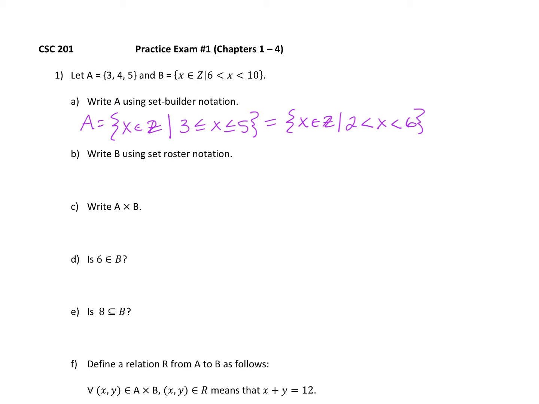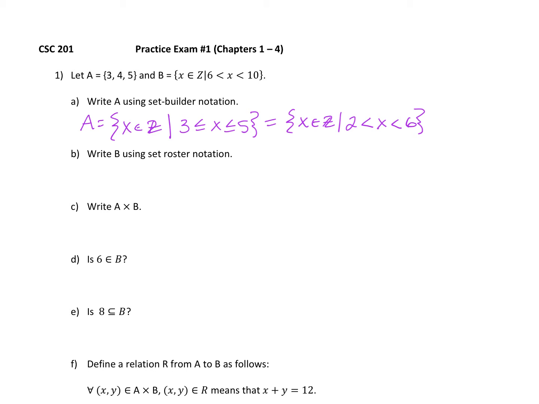Right, so the difference being here I've put or equal to, so 3 and 5 are both part of this set, meaning integers between 3 and 5, including 3 and including 5, so 3, 4, 5. And then here I've written it, all the integers between 2 and 6, but not including 2 and not including 6, so 3, 4, and 5.